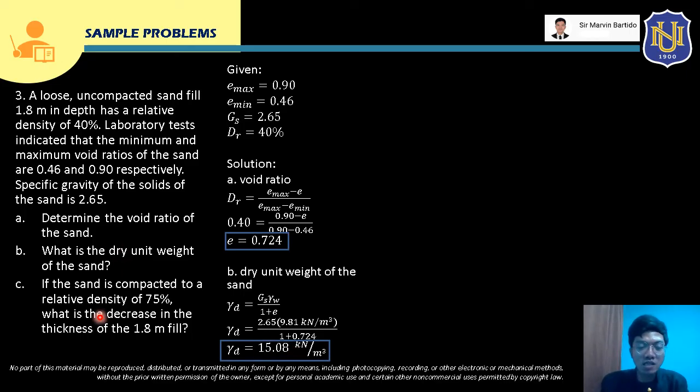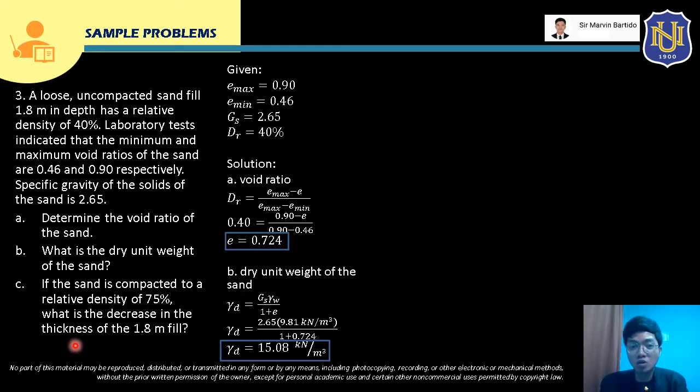Now, for letter C, the question here, class, if the sand is compacted to a relative density of 75%. So, originally, class, yung relative density nung soil natin is 40%. So, dito, class, ang gustong gawin is i-compact pa siya, no, yung soil natin, hanggang yung maging relative density niya ay 75%. So, the question here, class, is what will be the decrease in the thickness?